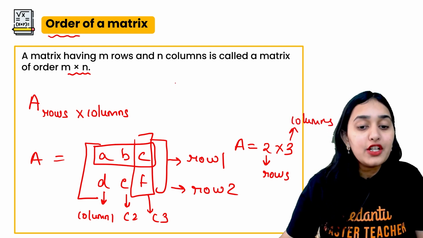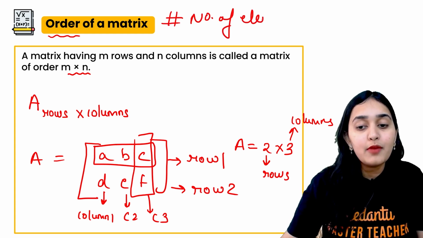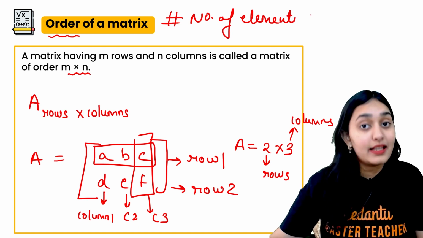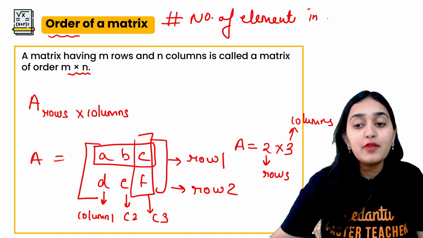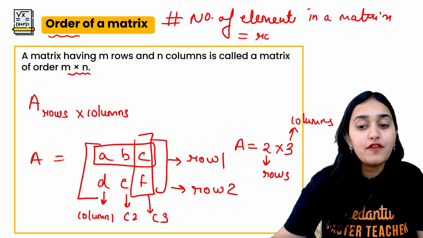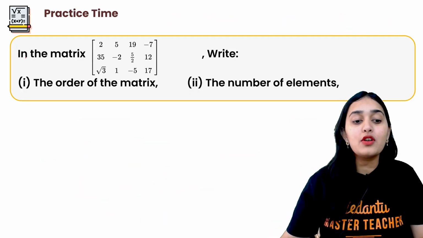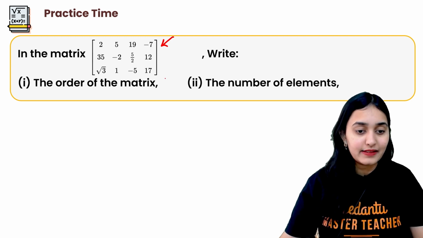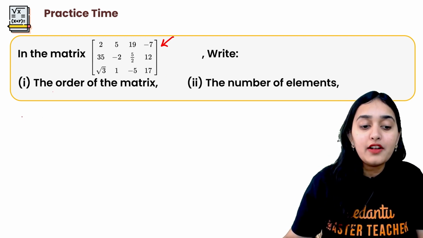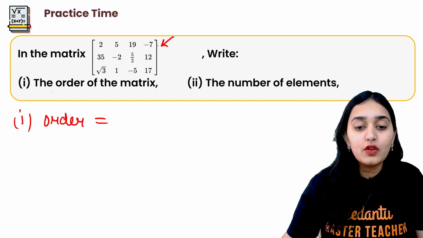Now, if you want to find out the number of elements, please note down the formula for the number of elements in a matrix. It is asked in questions. The number of elements in a matrix is always equal to the number of rows into the number of columns. What type of question can be asked? Suppose they give you a matrix like this and ask, what is the order of the matrix? The order will be the number of rows: 1, 2, 3.